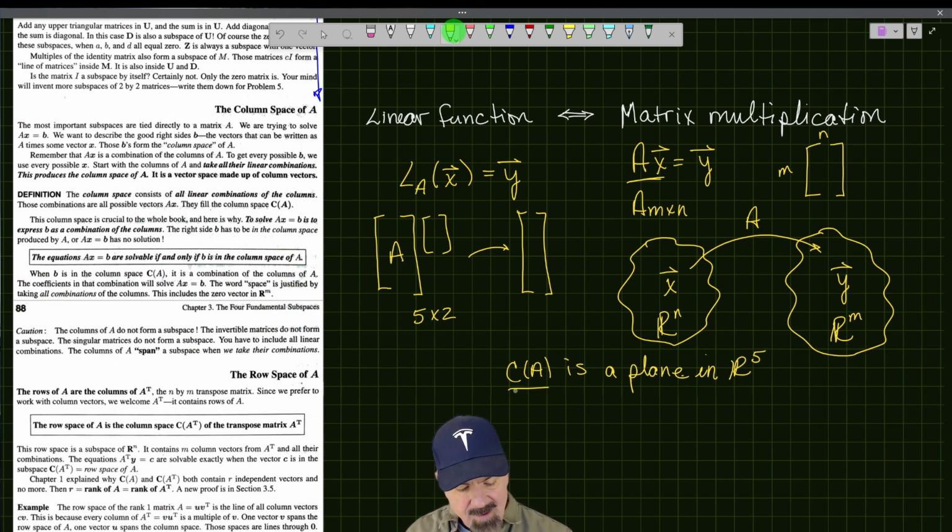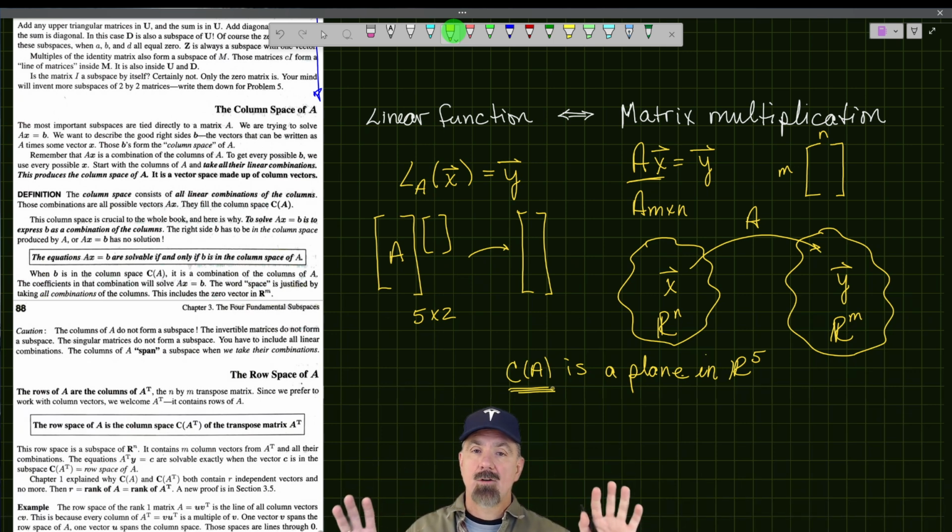So the column space of A is a subspace of R5. R5 is a vector space. Grab any two vectors in R5, take a linear combination, it's going to be in R5. What we have with the column space is a subspace, and this is the kind of importance of subspace.